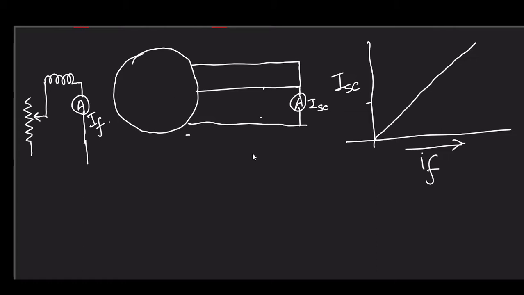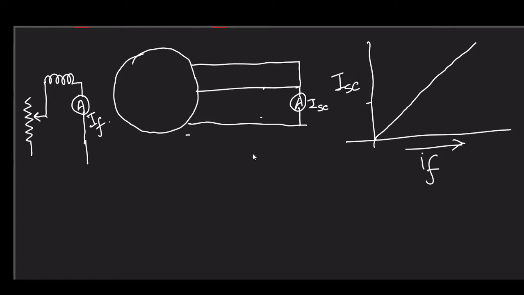When the primary side winding carries 125% or 150% of full load current, you stop increasing the voltage. The same thing you can understand here: we do not vary IF based on the magnitude of IF.